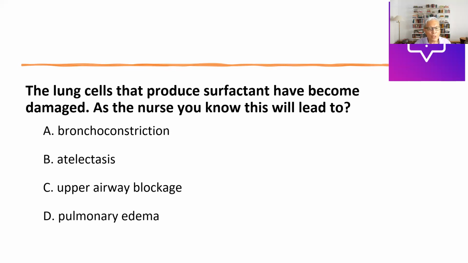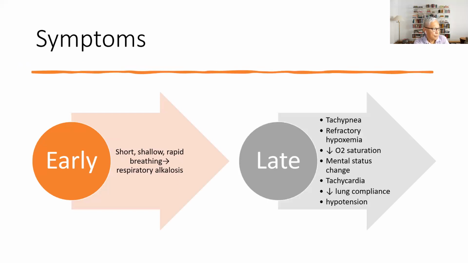All right. So let's go to the signs and symptoms of ARDS. So the early symptoms of ARDS usually occur within a few hours to a week after a lung injury. But in the early phases, the signs and symptoms are hard to detect.